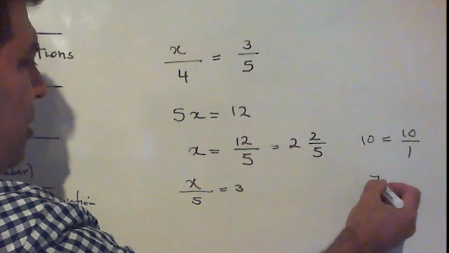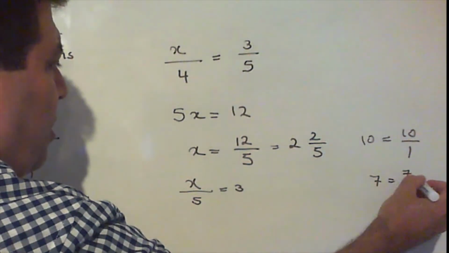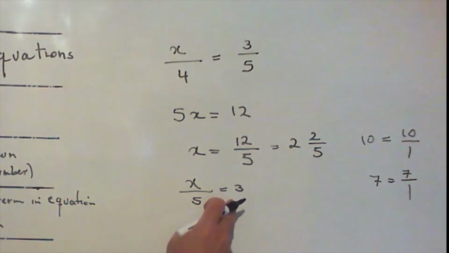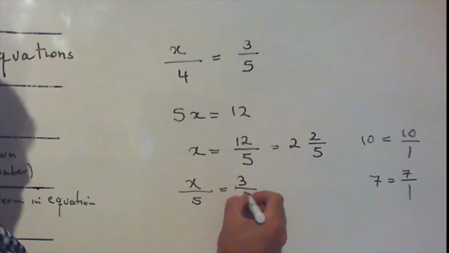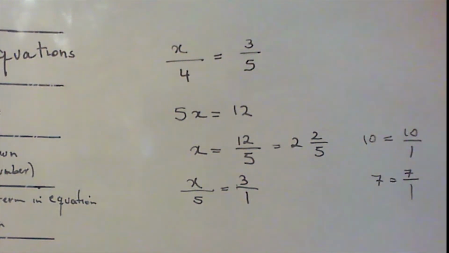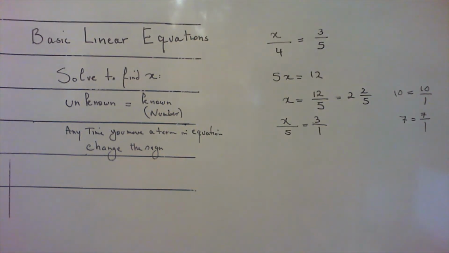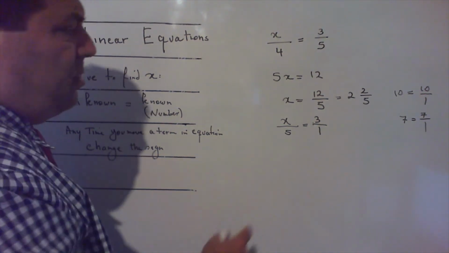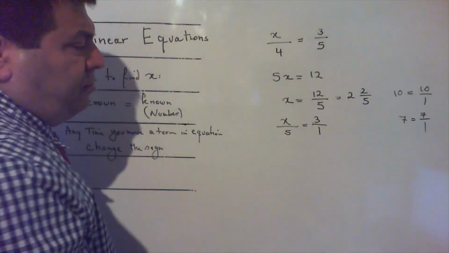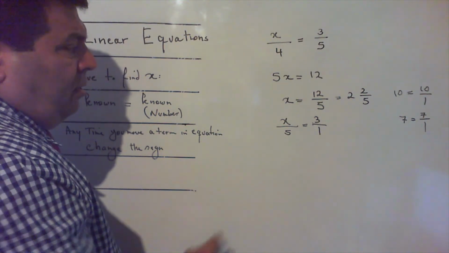So if you have 7, I can make this 7 over 1. The 3 here, I can change to 3 over 1. I don't change anything. Remember, in mathematics, you can play with numbers and terms, but you cannot change them. So instead of 3, I wrote 3 over 1, which is very valid.